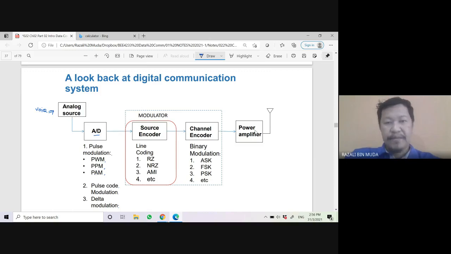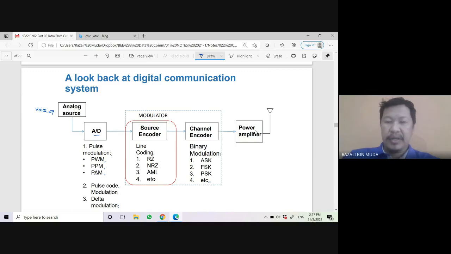Then it comes into the source encoder. We have line coding, where first is RZ, return to zero, and second is NRZ, non-return to zero, then third and fourth. For the channel encoder, we have binary modulation: ASK, FSK, PSK, and so on.